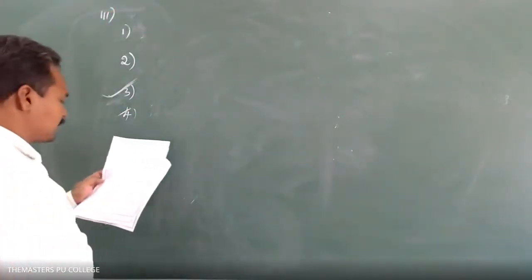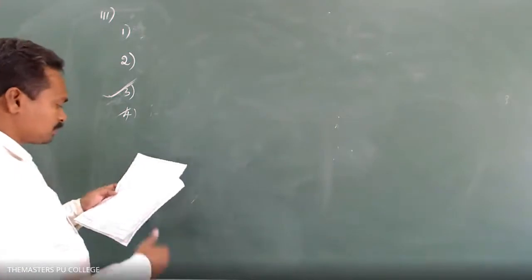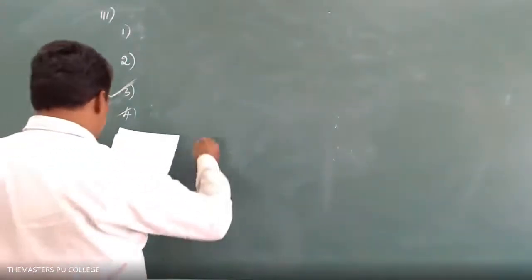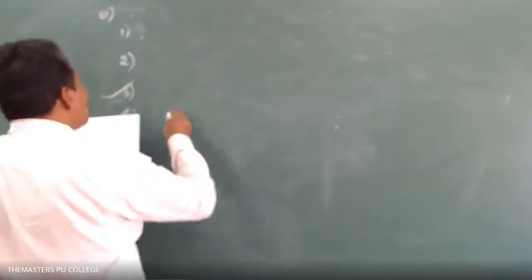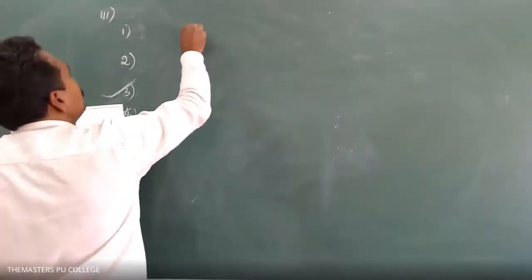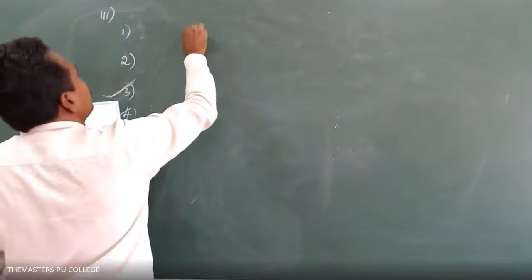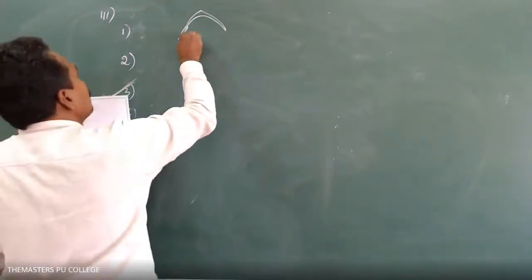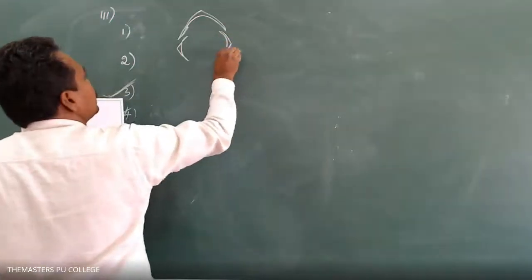Estivation of petals in the flowers of cotton is correctly shown in which diagram? What does the first diagram indicate? Axillary. Very good.